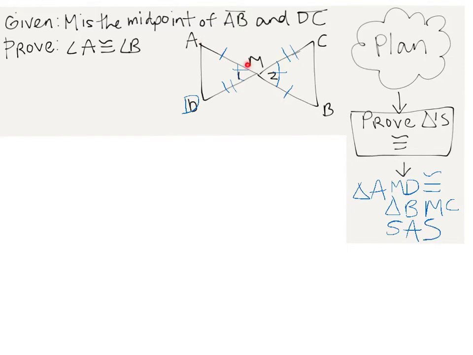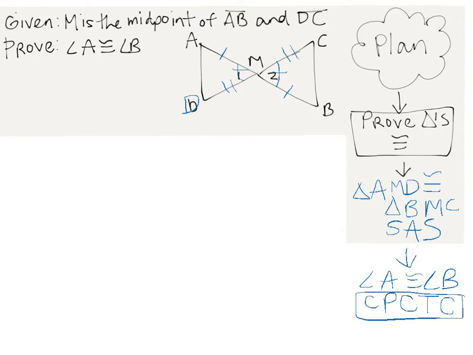Now, once I show that those 2 triangles are congruent, then I can say that all of their corresponding parts are congruent, or that angle A is congruent to angle B because corresponding parts of congruent triangles are congruent.